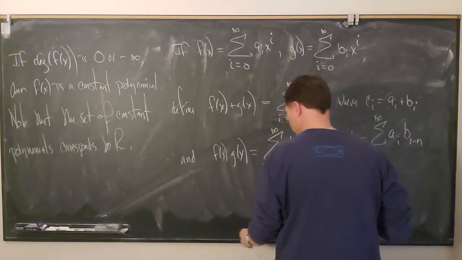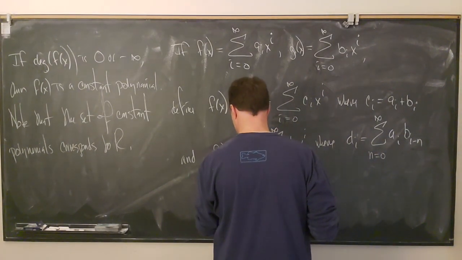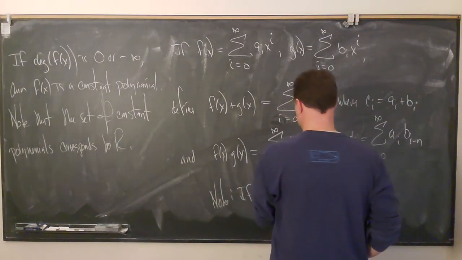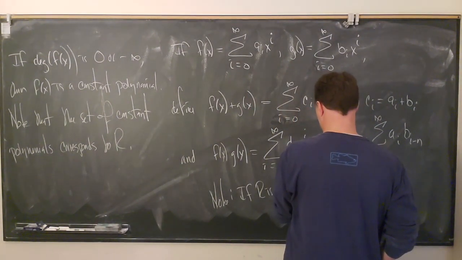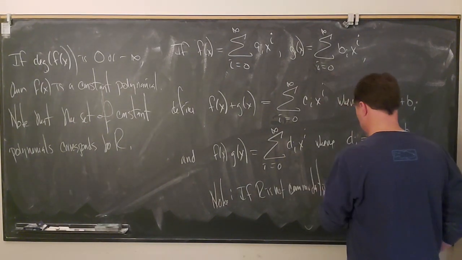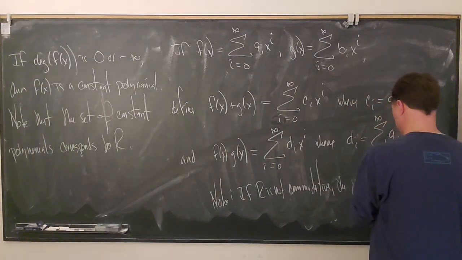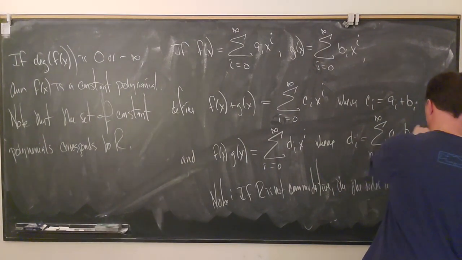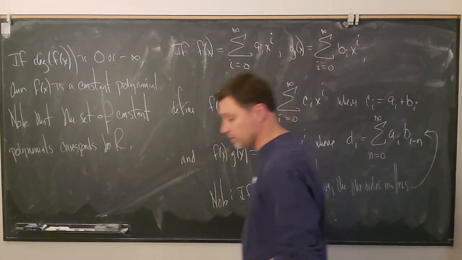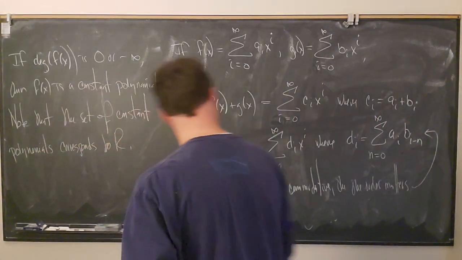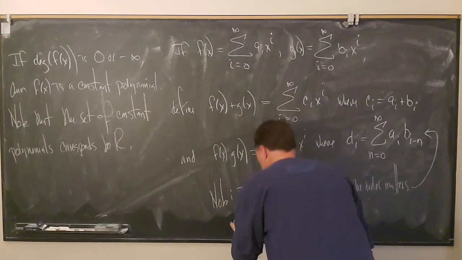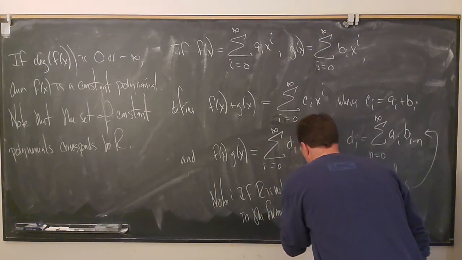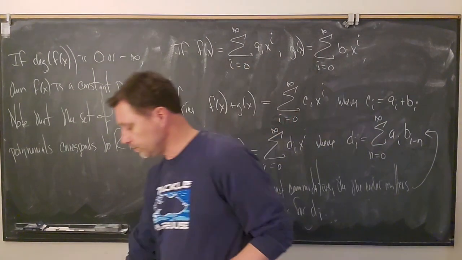So note, if R is not commutative, then the order matters right there in the formula for multiplication, in the formula for d sub i.